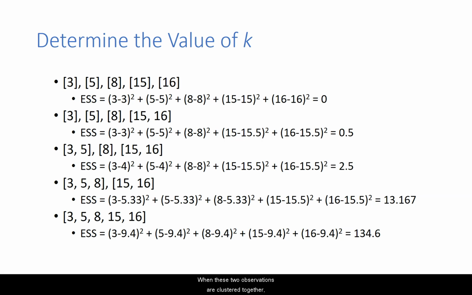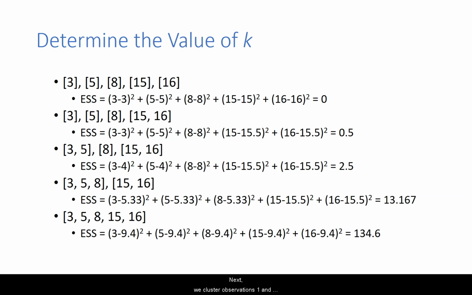When these two observations are clustered together, the cluster centroid would be the average of observations 4 and 5, which is 15.5. If we compute the ESS for this cluster structure with 4 clusters, the ESS turns out to be 0.5, which suggests some loss of information.